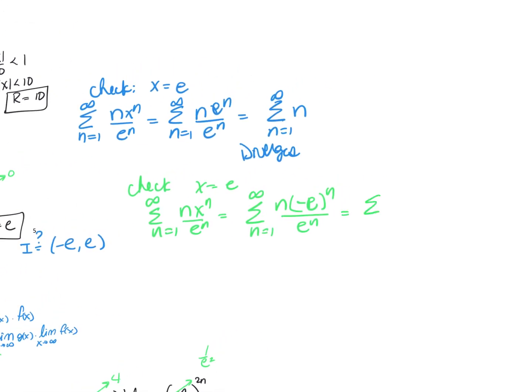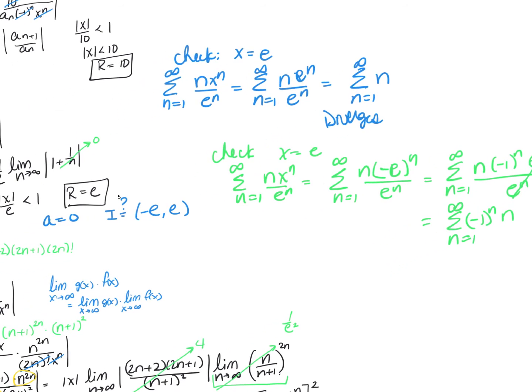Algebraically, I'm going to rewrite this as the summation n equals 1 to infinity of n times negative 1 to the n, e to the n over e to the n. Those cancel. So I'm doing the summation of n equals 1 to infinity of negative 1 to the n times n. And we know this also diverges. So my intervals of convergence are correct on the non-inclusive.